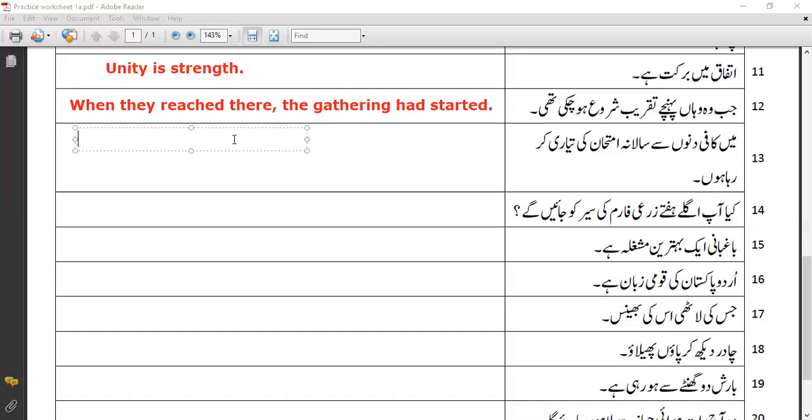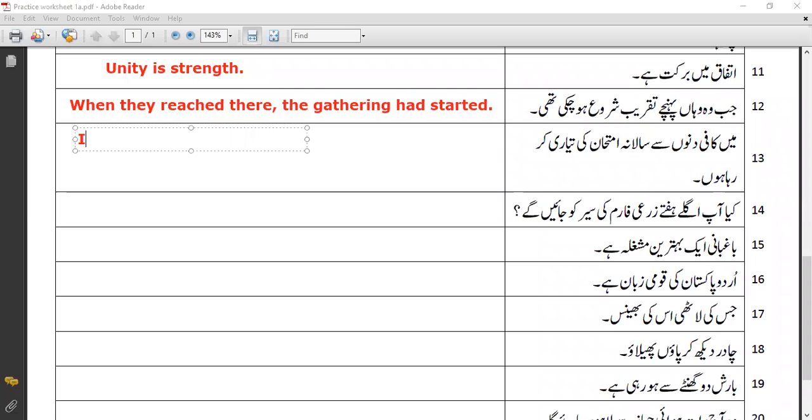Next sentence. मैं काफ़ी दिनों से सालाना इम्तिहान की तैयारी कर रहा हूँ. Now this sentence seems to be present continuous, but this is present perfect continuous. Okay.